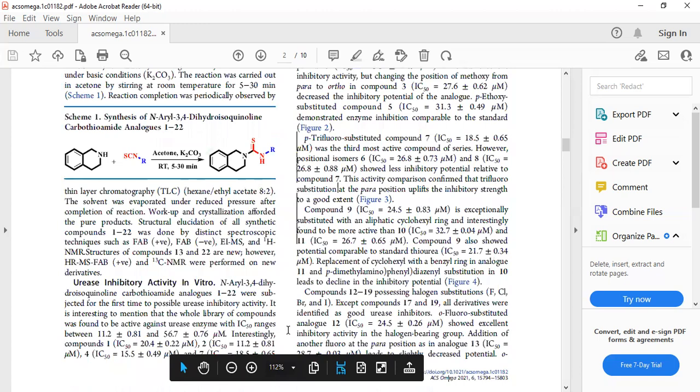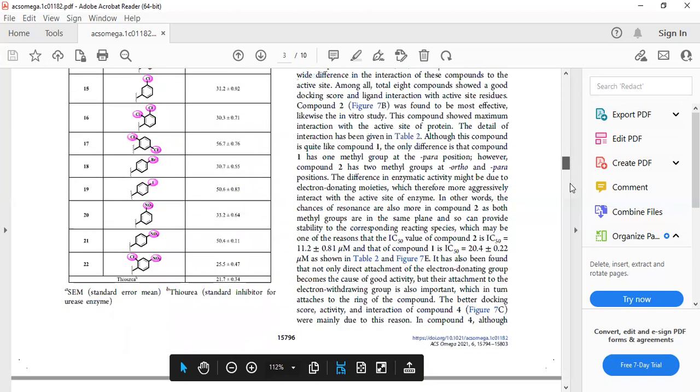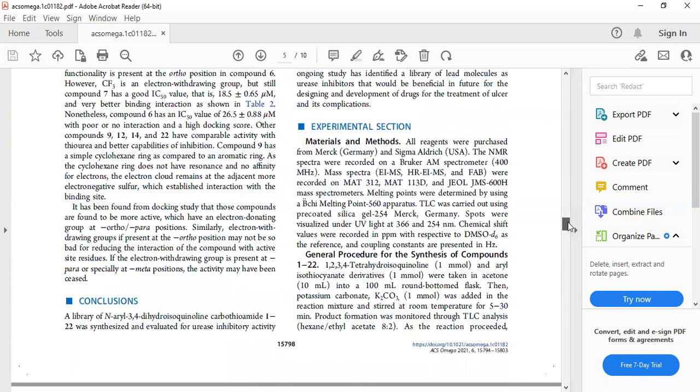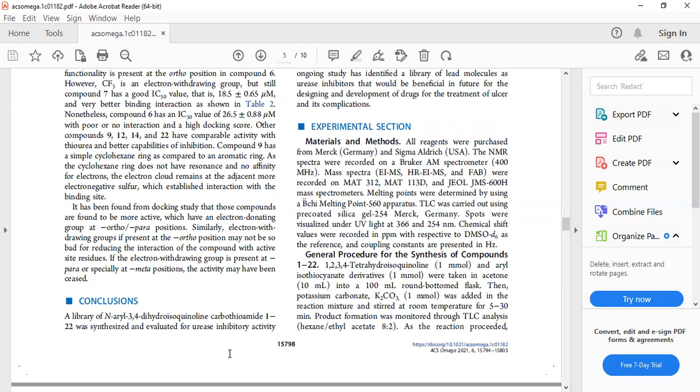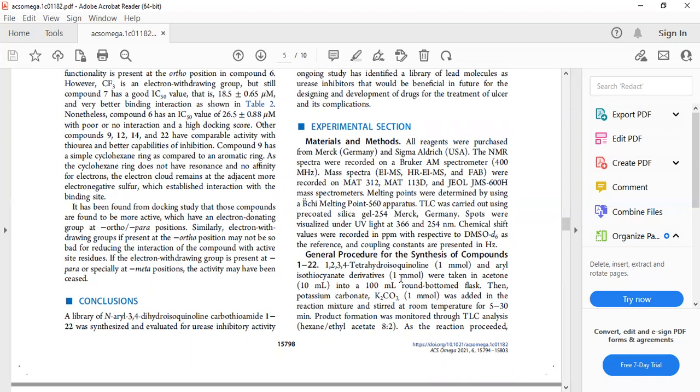Now finally, the method and material. You read the method and material of this series. This is a general procedure for our compounds, how these compounds were synthesized. 1,2,3,4-tetrahydroisoquinoline was used, and 1 millimole and different isocyanides, equimolar, were taken in 10 ml acetone in a 100 ml round bottom flask.